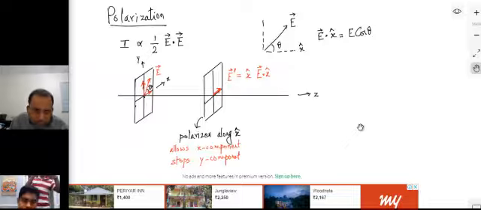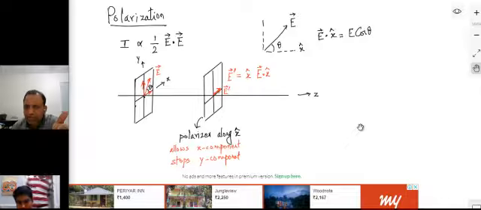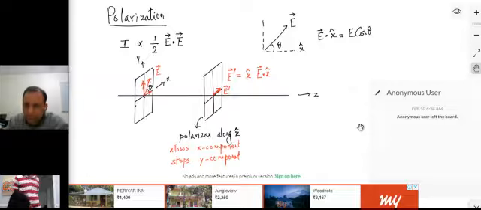Sir, what is E dash? E prime is the new vector. So this is the new vector here, right? So after it passes through the polarizer, that's the electric field. Does that help? Yes, sir. The new vector is only having an x component.